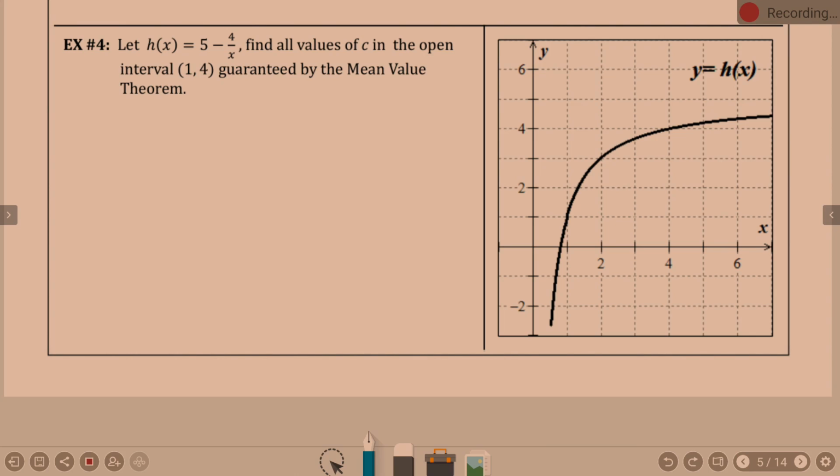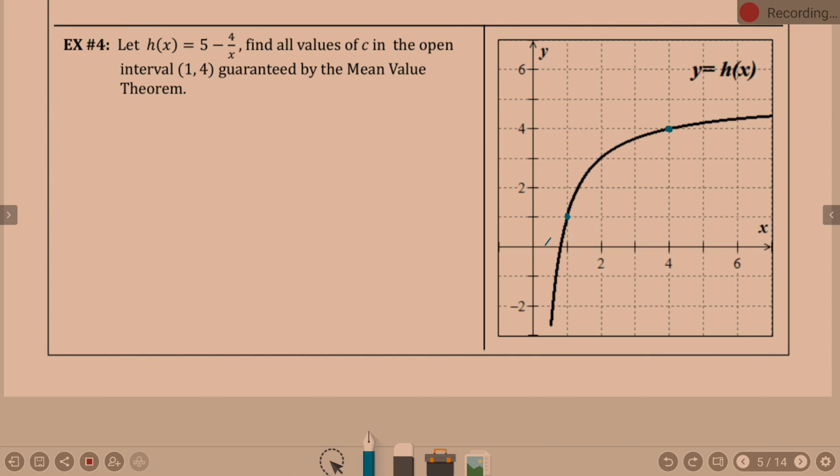So first of all, it says the open interval of 1 to 4. So what's that mean? Right there to the 4. Okay. So, mean value theorem. Remember, we're talking about a line, well, the secant line, and we're talking about what? A-rock and I-rock equaling each other, right?